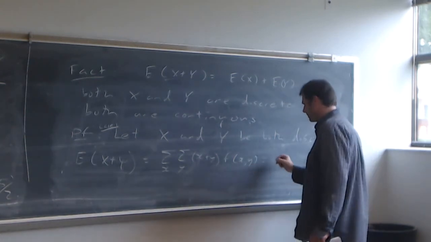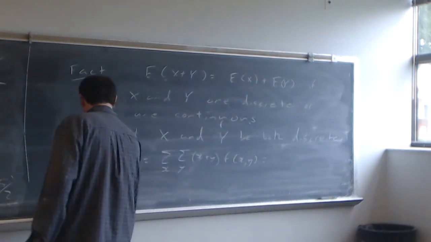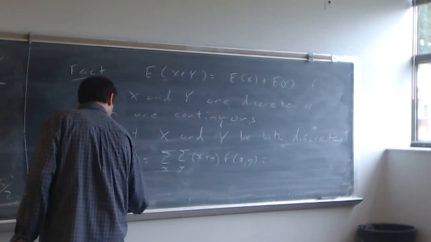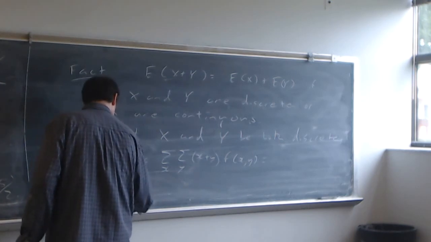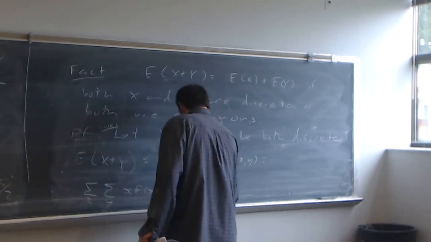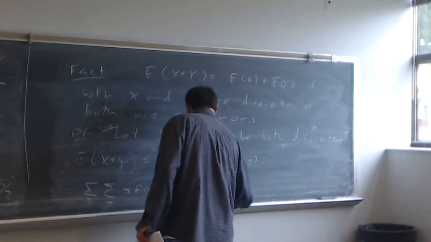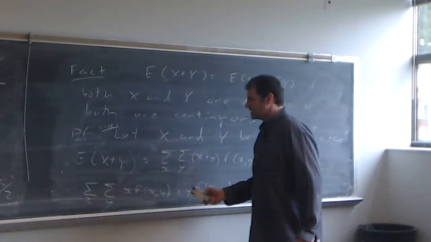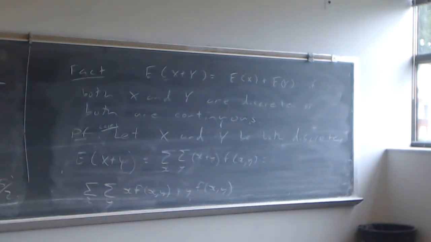So this ends up being the sum over the x's, the sum over the y's. If I distribute this, it is x times f of x comma y plus y times f of x comma y. We'll break this single double sum into 2 double sums now.